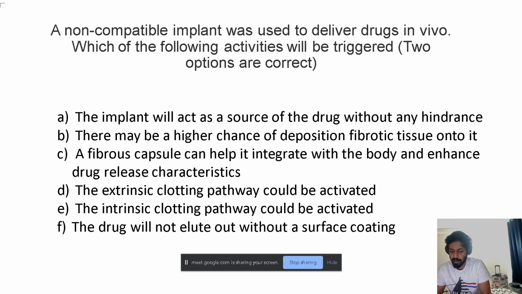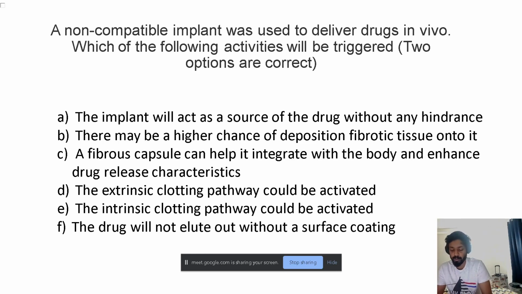A fibrous capsule can help it integrate with the body and enhance drug release characteristics. That's not the case, right? If a fibrous capsule forms and covers your implant, the implant is essentially useless. It can't release any drugs outside, and that part of your body is walled off, so it's not going to help it integrate with the body at all.